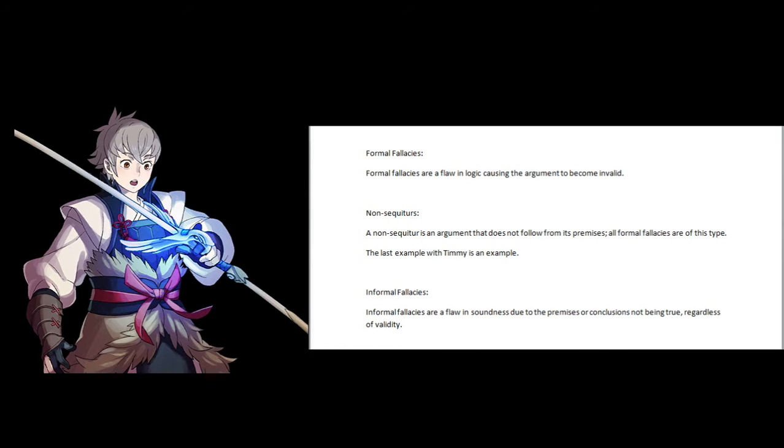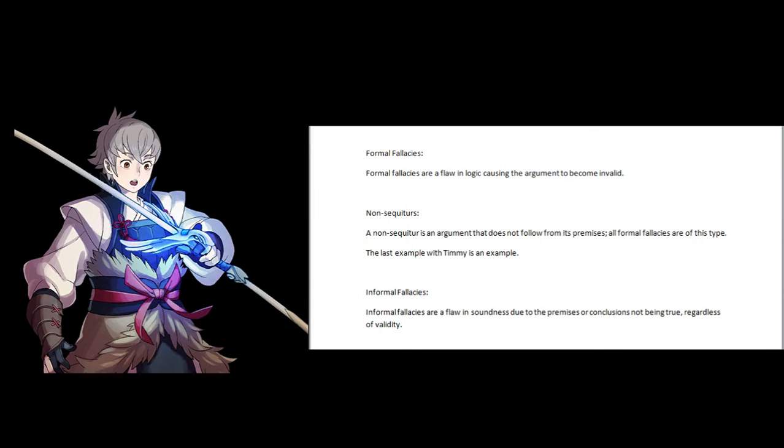And informal fallacies have to do with the soundness instead of the validity. An informal fallacy arises when you have an argument that is unsound because you have used premises and/or a conclusion that, while maybe logically valid, is not true in the real world. You can create a lot of logically valid premises and conclusions that are just not true.